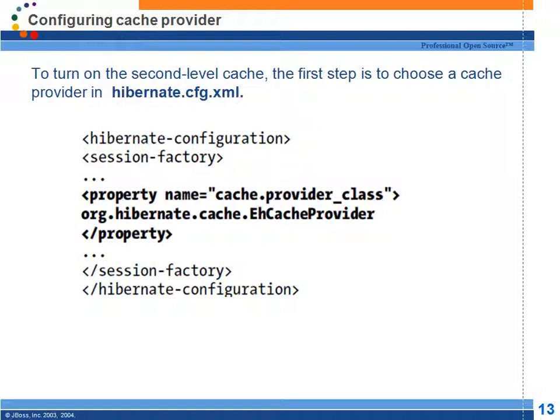I said each cache has a class, right? I showed you in the table. You have to configure this. Then your application will turn on the second level cache. If this property cache provider class is not provided, second level cache is disabled. So you have to set this cache provider class first to enable second level cache.